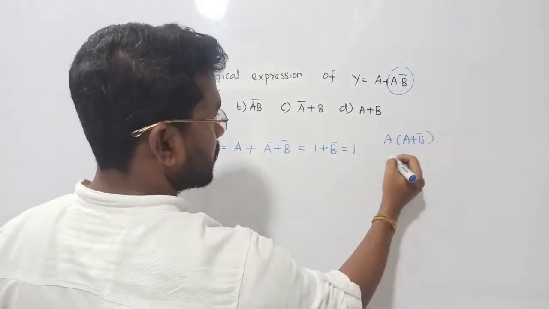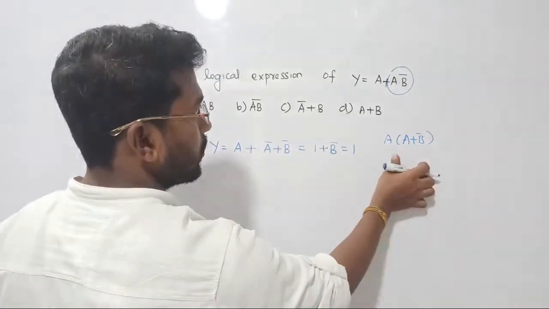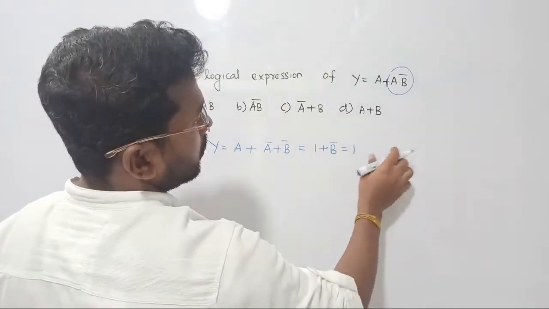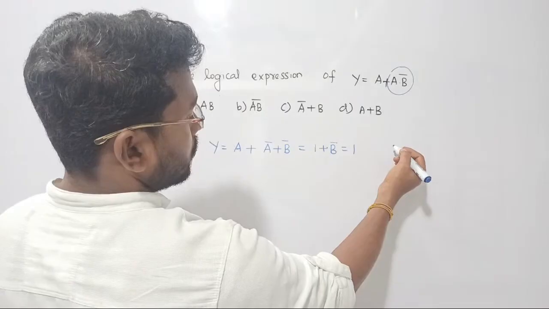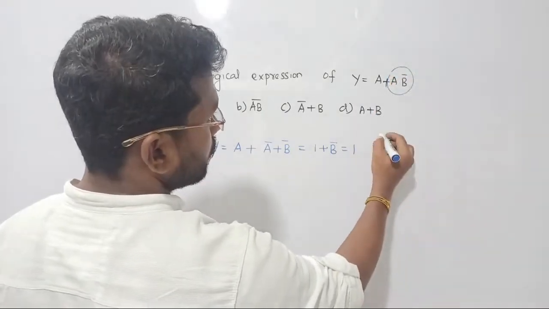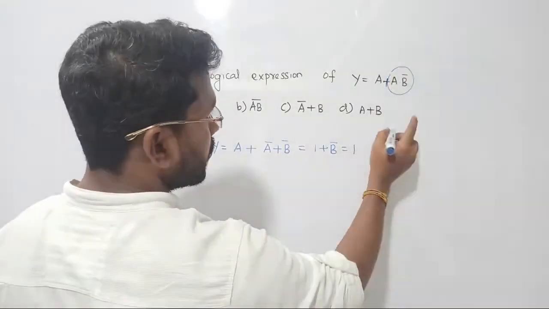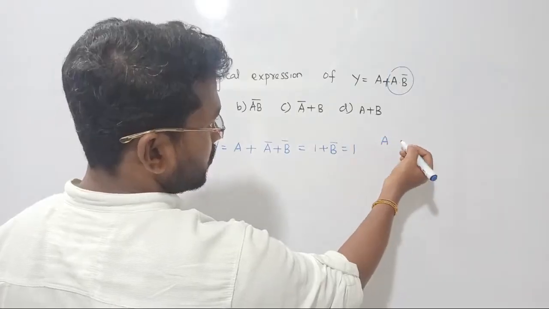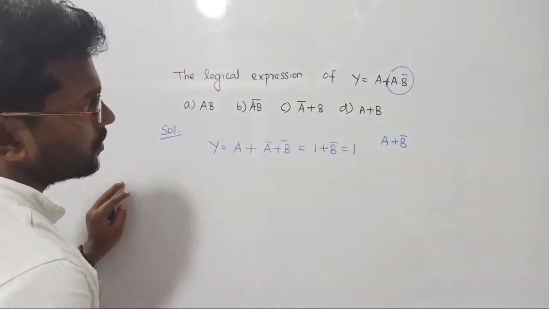A plus B bar, such that A dot A will become A plus, no, again you are getting the same expression, right? So that is wrong. Then that is not possible. If it is with a bar, then A plus A bar will become 1, such that we are going to get A plus B bar. That is correct.